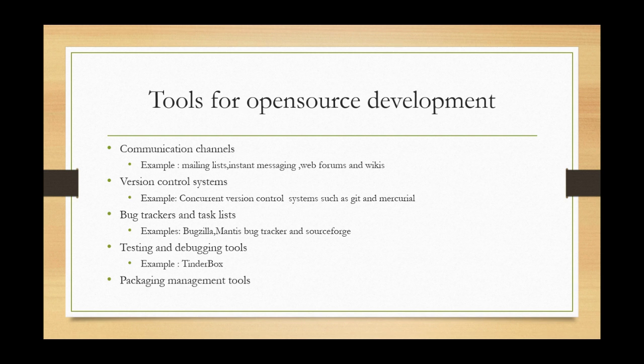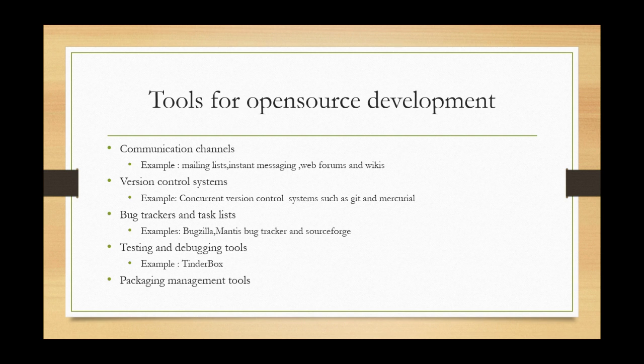Many of these open source projects have changed from using just concurrent version control systems, and have created what we call distributed revision control systems. In fact, these are much better than the other version control systems, which centralized what we call repositories.